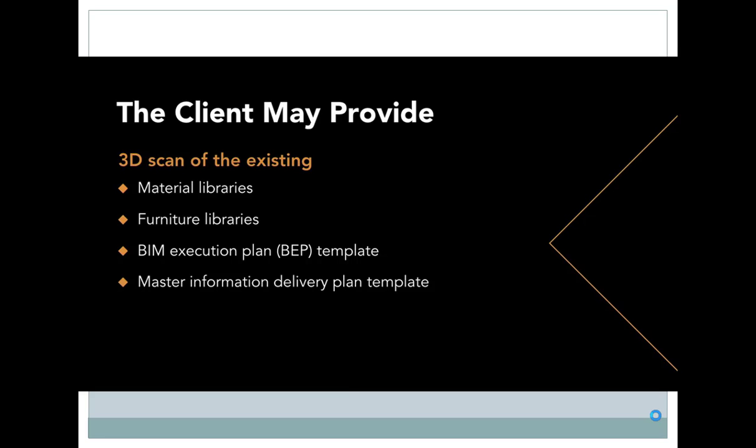For example, our client may provide a 3D scan of the existing building, the material and furniture libraries that the hotel brand approved, a BIM execution plan and a master information delivery template.